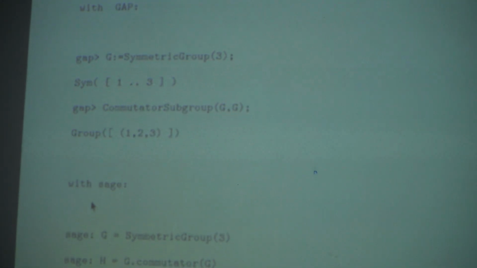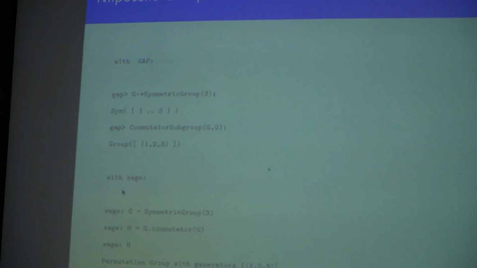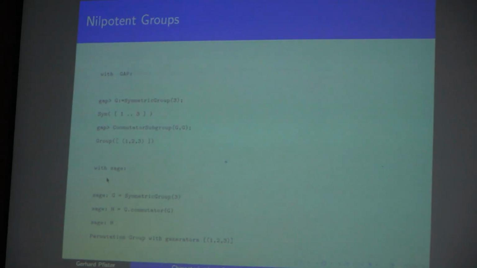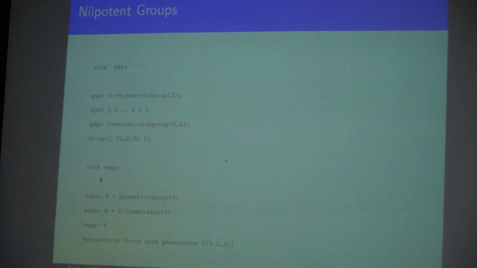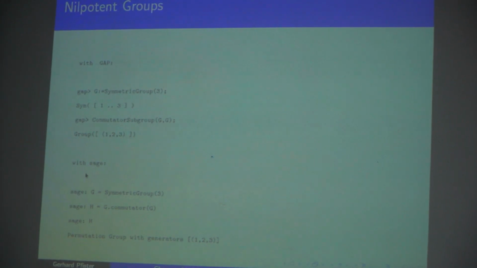So that is Magma. Just for the fun of it, you can do this with GAP. In GAP, you define G to be the symmetric group of 3 elements, then you take the commutator and you obtain the same result.